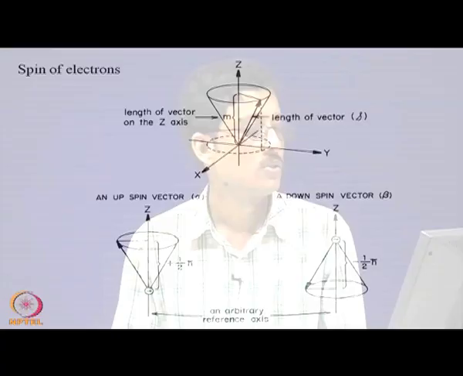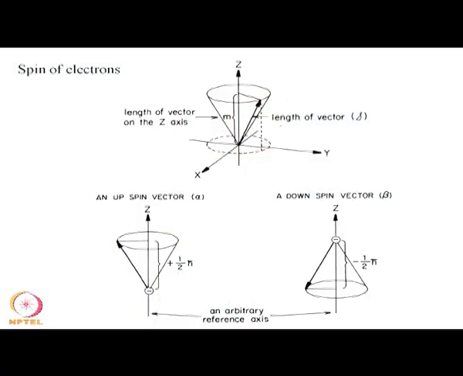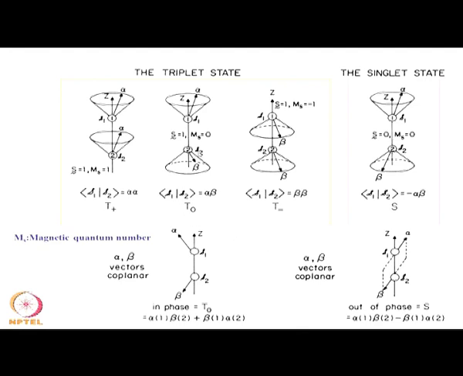Okay. So, this is your XYZ axis, this is your spin vector. This is your z axis, this is the projection of this spin vector on this z axis. So, this is your up spin plus h cross, and this is your down spin minus h cross. So, if these two are spin parallel, okay, then these two will have three situations.